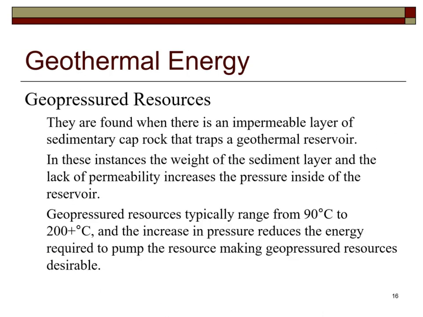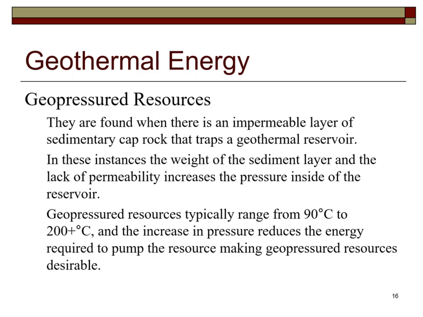Geopressured resources are found where there is an impermeable layer of sedimentary caprock that traps a geothermal reservoir. In these instances, the weight of the sediment layer and the lack of permeability increases the pressure inside of the reservoir.